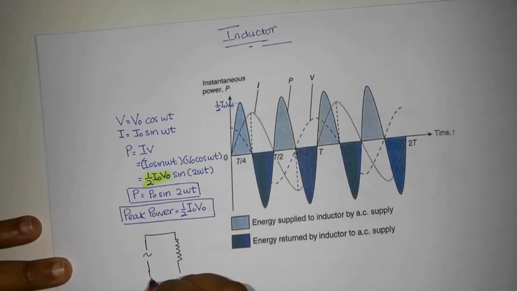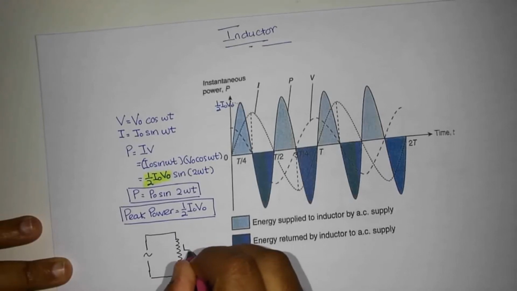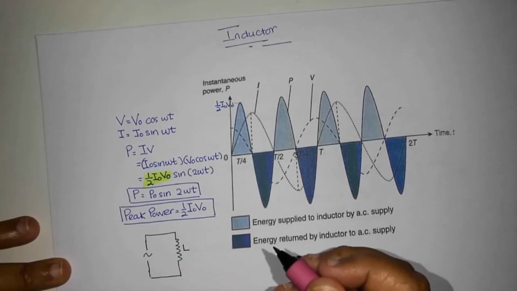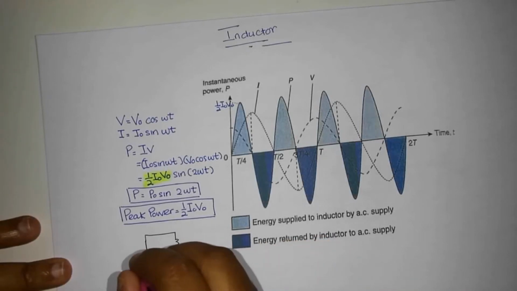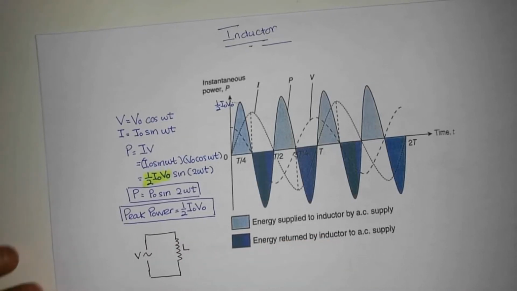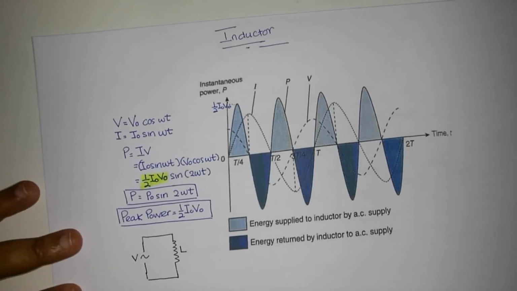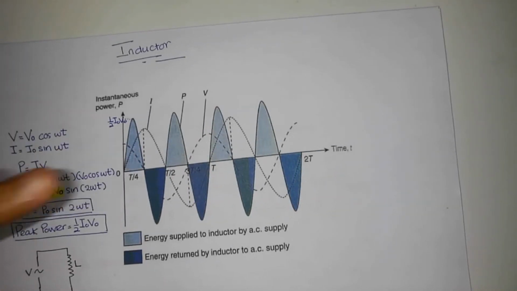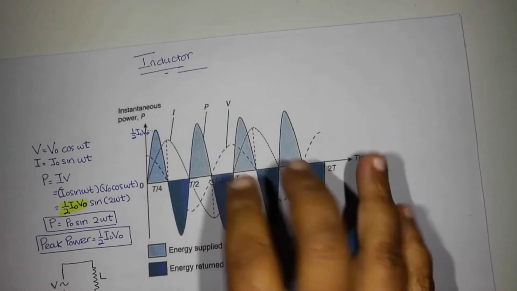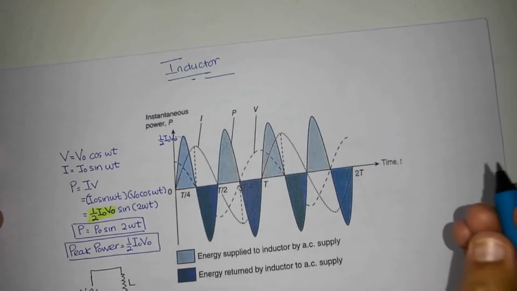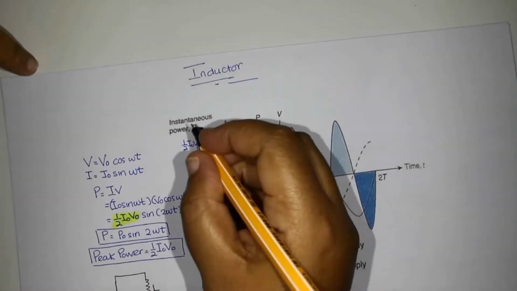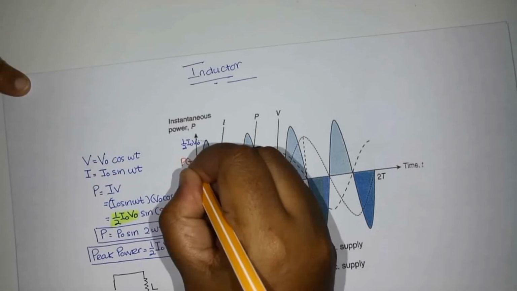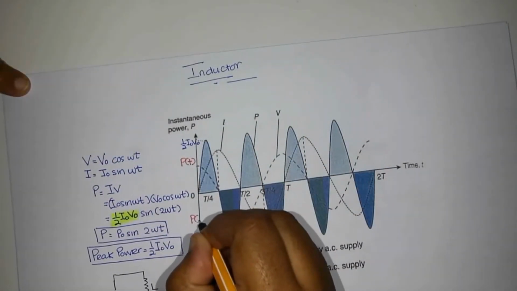This is an inductor, which has inductance L. Then we have an AC source, V. Now in this diagram, you can see two signs of power: here is a positive power and here is a negative power.